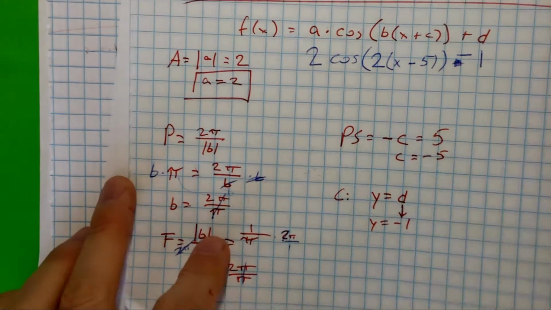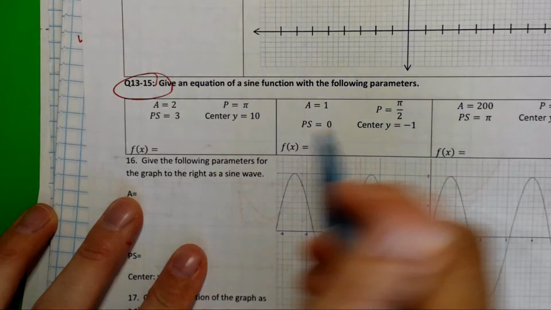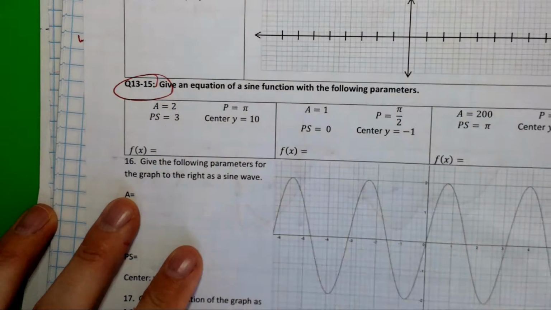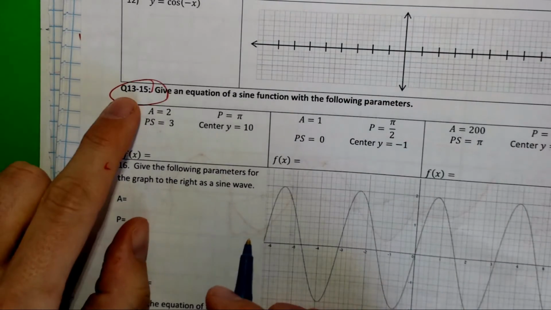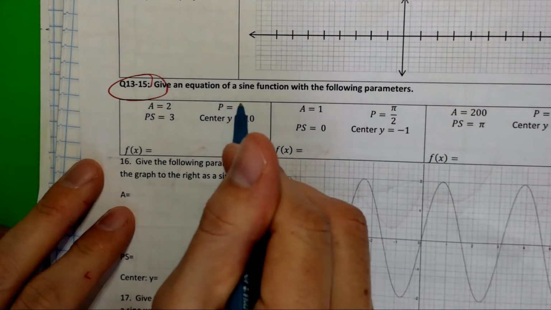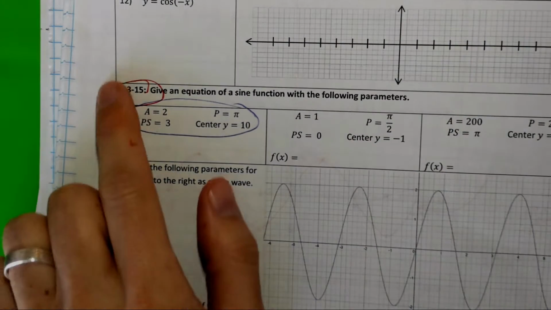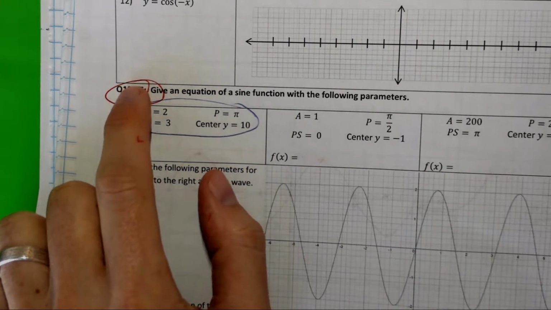So I want you to practice this. So try this. This time we'll take some from this worksheet right here. So try these first two. Well, just try this first one. I, for some reason, didn't put numbers in here, but it's 13 through 15.